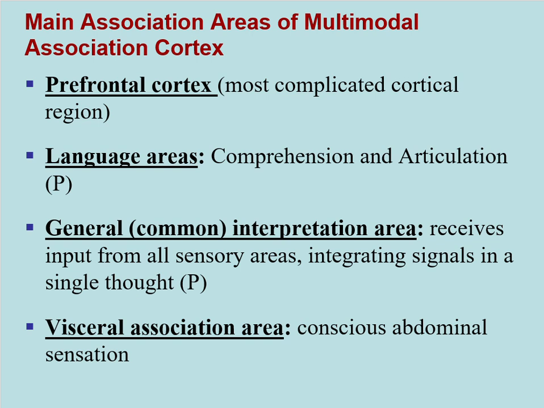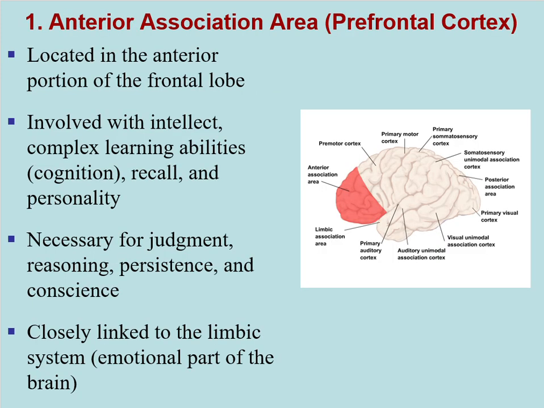We believe this is where your personality comes from. There are language areas and a general common interpretation area in the posterior association area. The language areas are responsible for comprehension and articulation, whereas the general common interpretation area receives inputs from all the sensory areas and integrates them into a single thought. Then there's a visceral association area, which gives us consciousness about abdominal sensation.